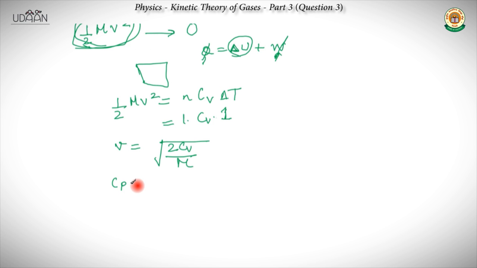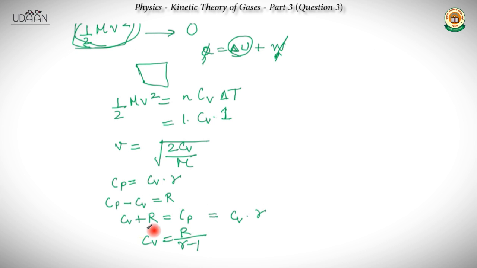We have Cp equal to Cv into gamma, and we have Cp minus Cv equals R. So basically we have Cv plus R equals Cp, which equals Cv into gamma through this equation. So we divide it and we find that Cv will come out to be R divided by gamma minus 1 through this equation.